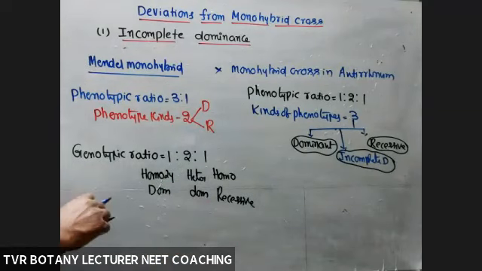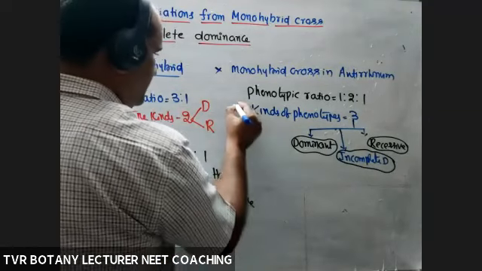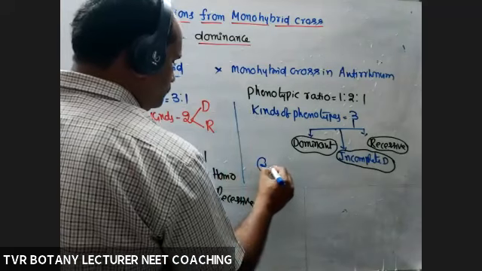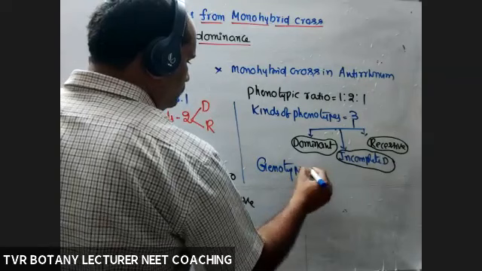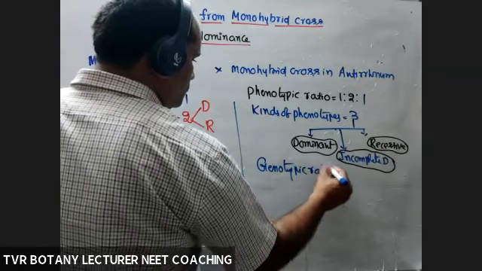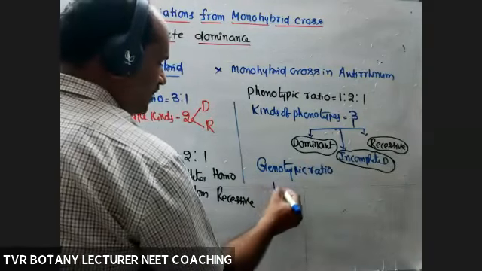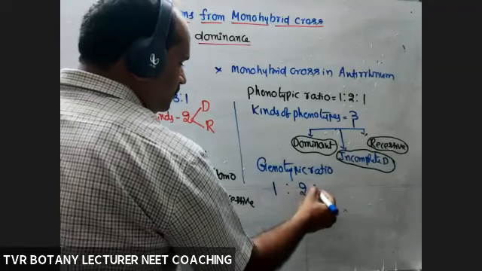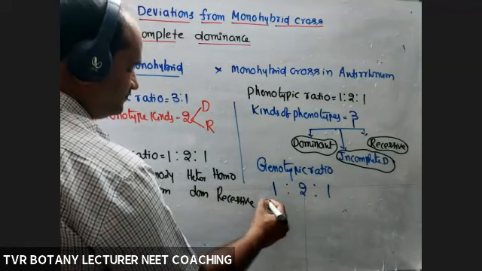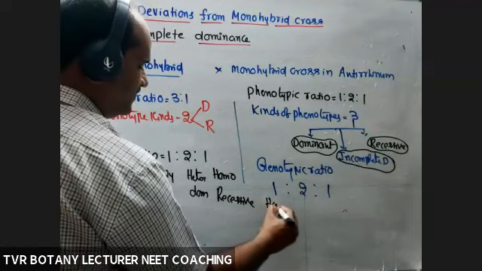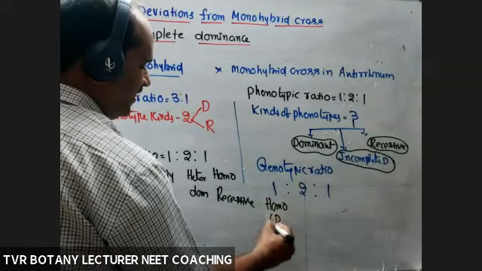And here in antirrhinum, genotypic ratio: no change, 1:2:1. First one, homozygous dominant.